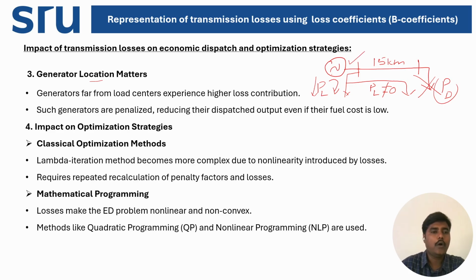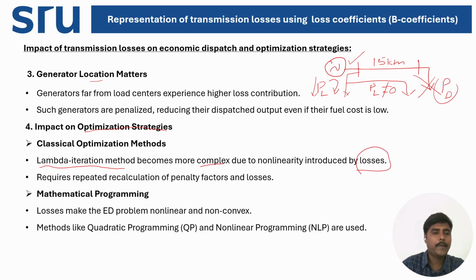Now, how do these transmission losses show their impact on various optimization strategies? We have various optimization strategies, starting from classical, mathematical and advanced strategies. In the classical, the best method is the lambda iteration method. This lambda iteration method becomes a little complex because of the introduction of losses.